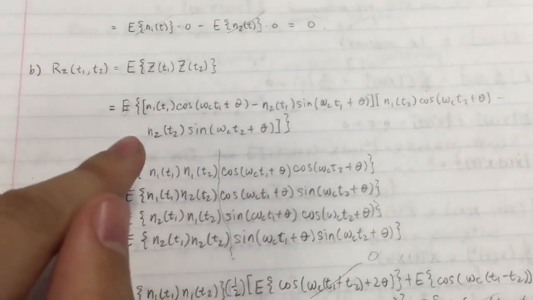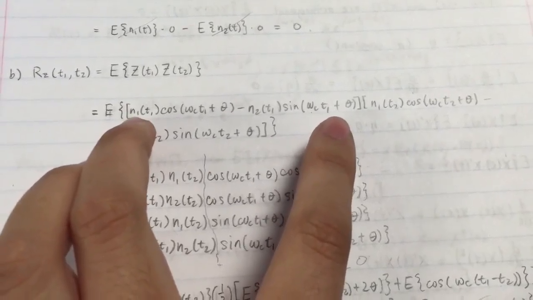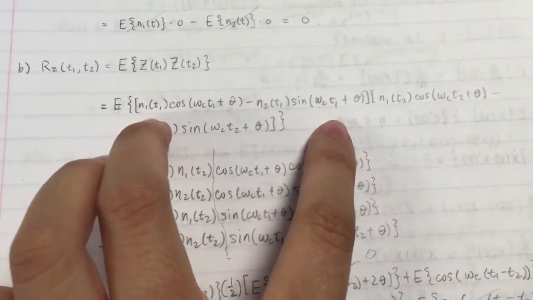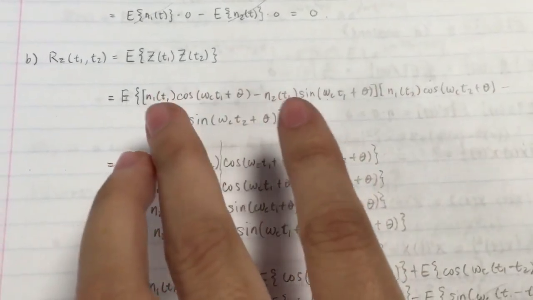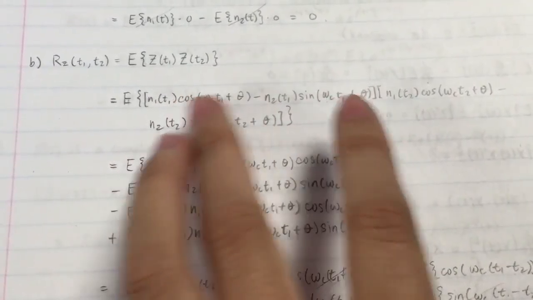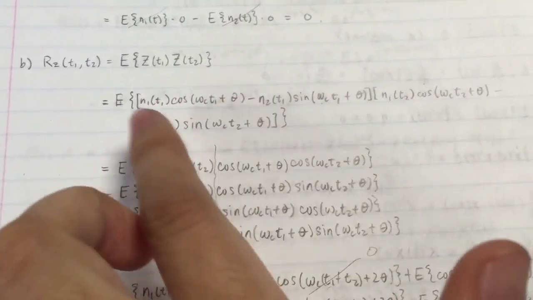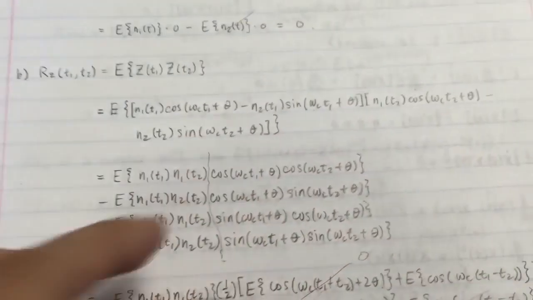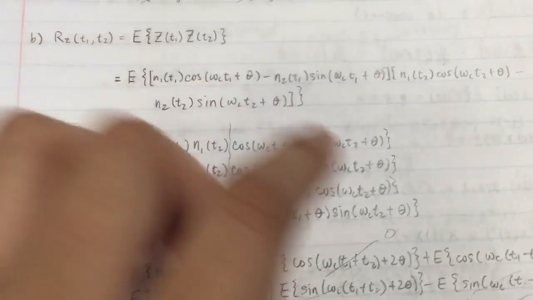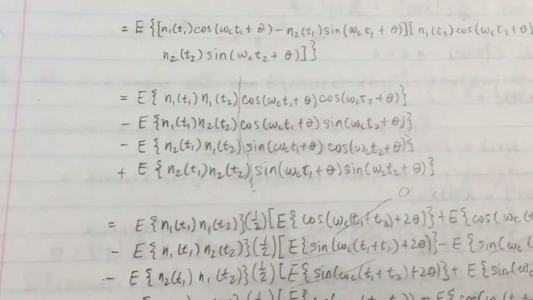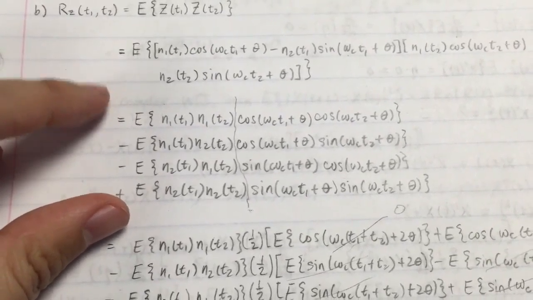So to do this problem, we just put Z(T1) times Z(T2), so you get the same expression, but you use T1 for one part and T2 for the other part. If you do this expected value, you just FOIL this expression out, and what you get is this really long expression.